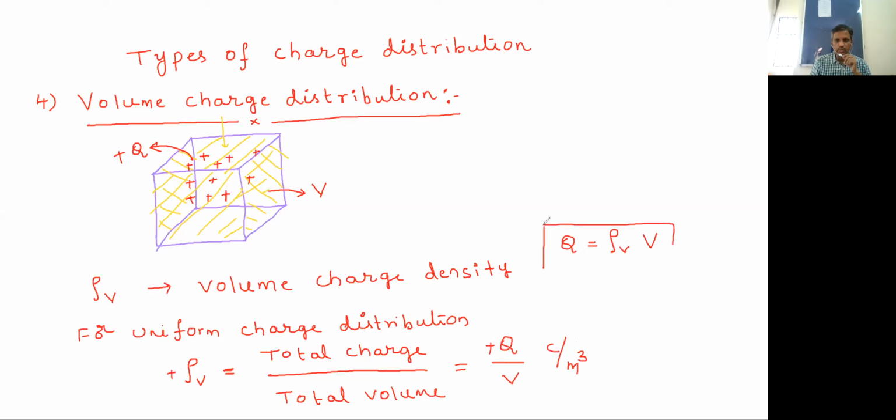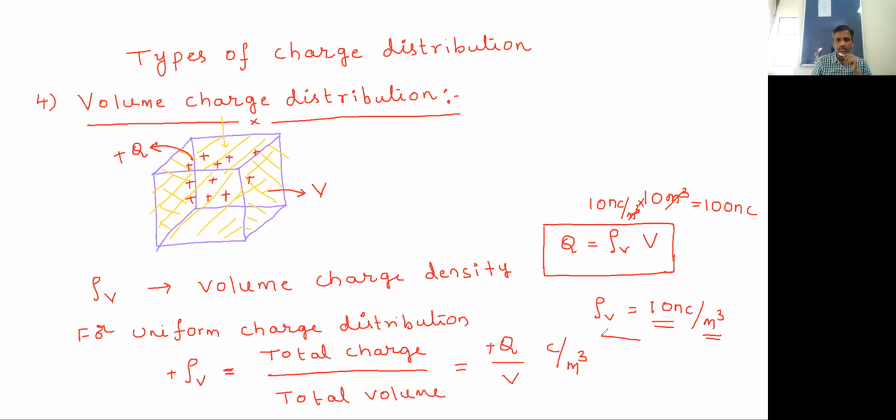Here rho v can be something like 10 nano coulomb per meter cube. This indicates that in every 1 meter cube there is a charge of 10 nano coulomb. If the total volume of this box is, let's say, 10 meter cube, then 10 nano coulomb per meter cube into 10 meter cube will be 100 nano coulomb.